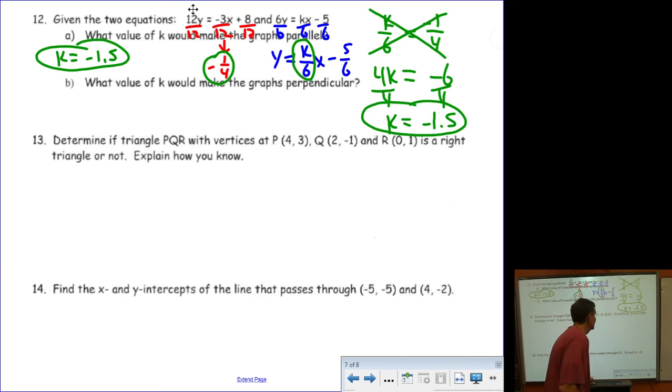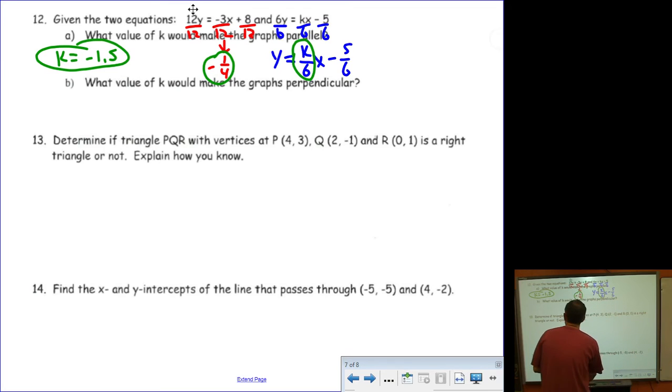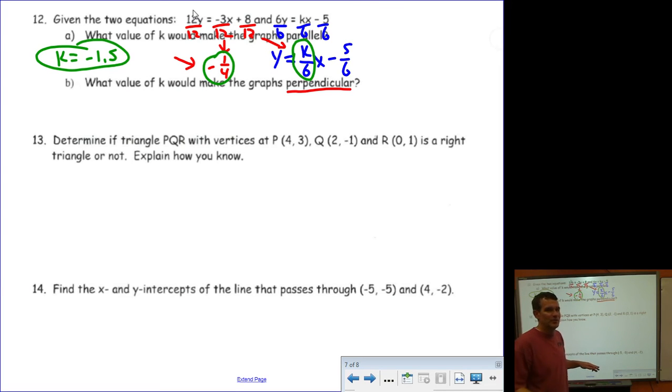All right. Next up would be part B, what value of k would make the graph perpendicular? So for these two lines to be perpendicular, their slopes need to be opposite reciprocals.